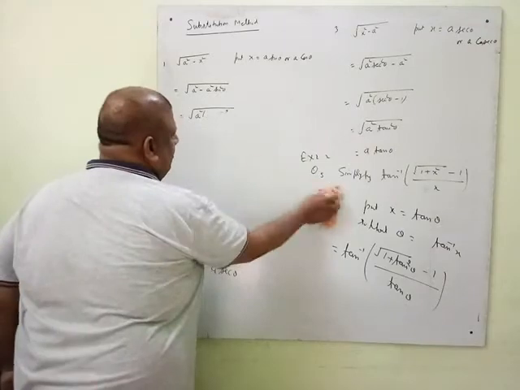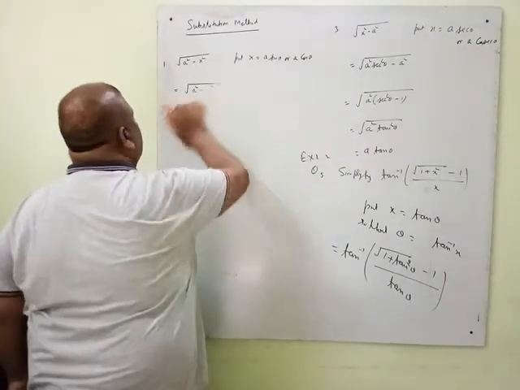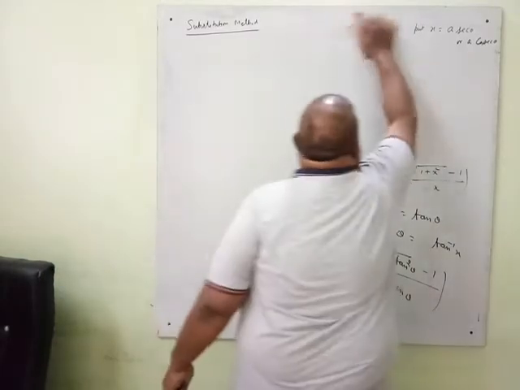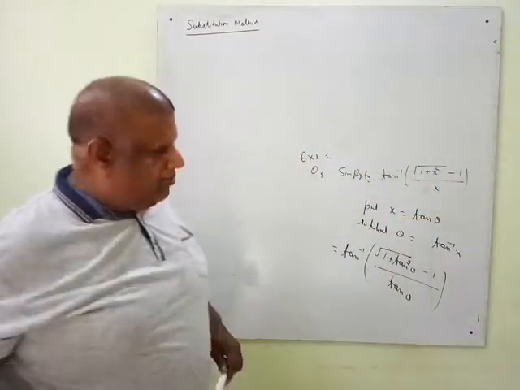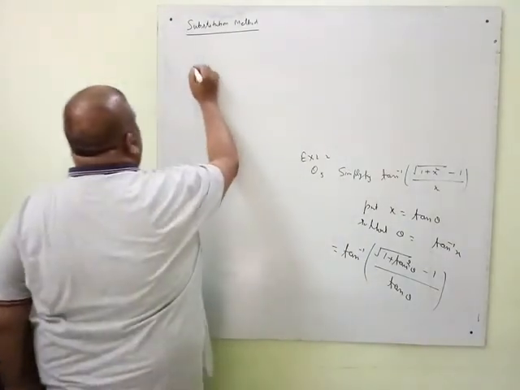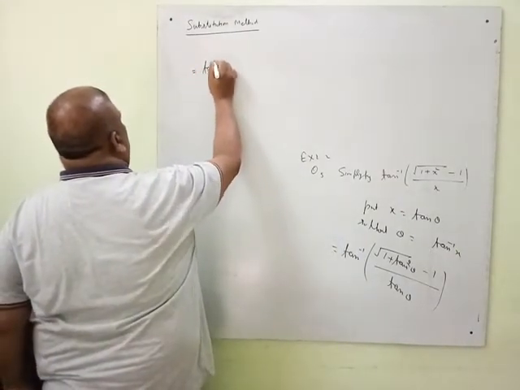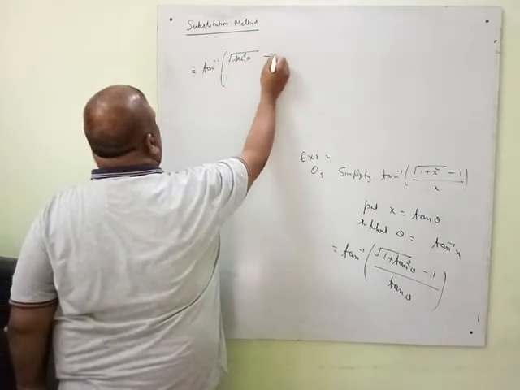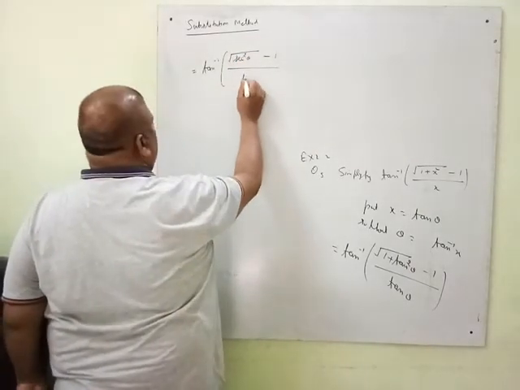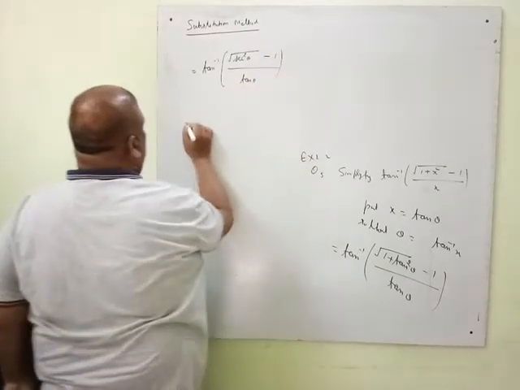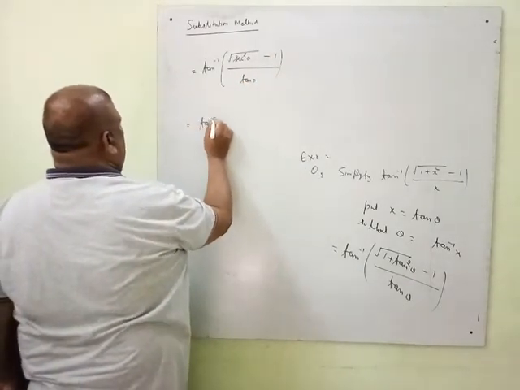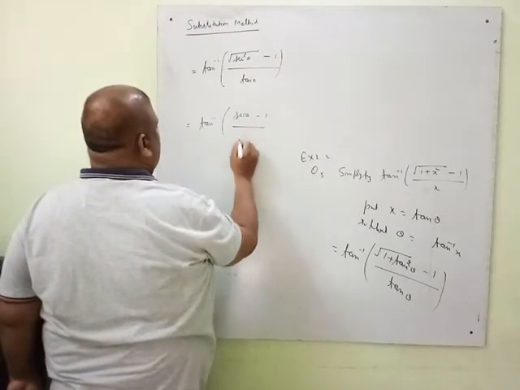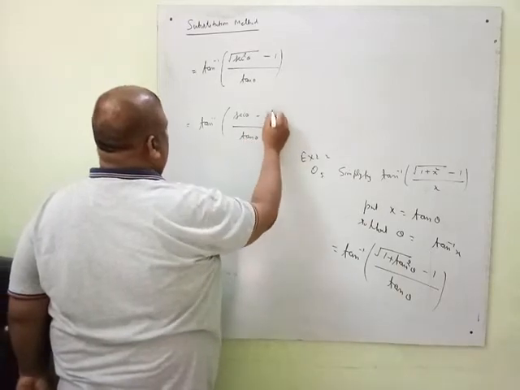When we simplify using the identities, 1 plus tan square theta is equal to secant square theta, so it is tan inverse of under root of secant square theta minus 1 upon tan theta, which is tan inverse of secant theta minus 1 upon tan theta.